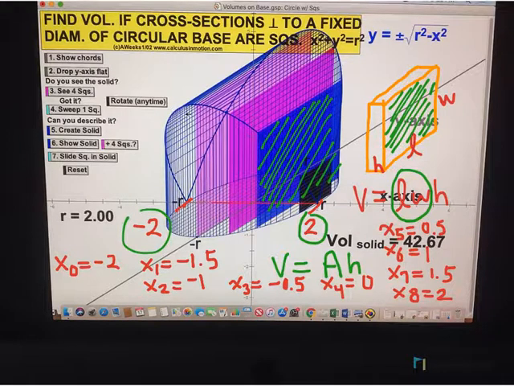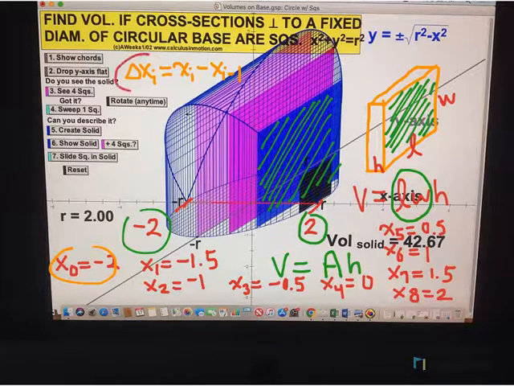And I've listed all of them. x sub 0 would be -2. x sub 1 would be -1.5, x sub 2 would be -1, x sub 3 would be -0.5, x sub 4 would be 0, all the way to x sub 8, which is going to be 2. And it is possible for you to find the width of each subinterval.